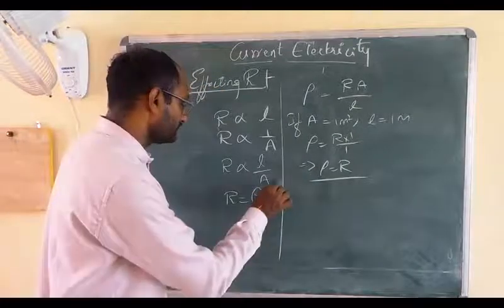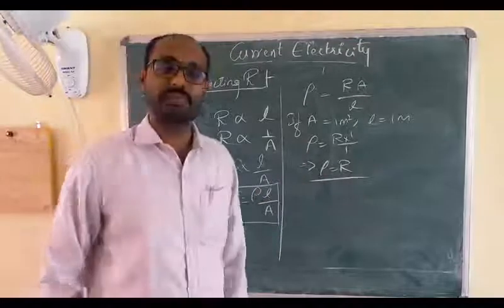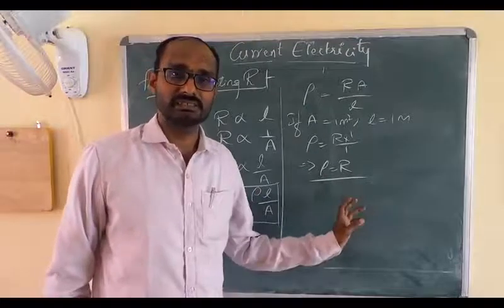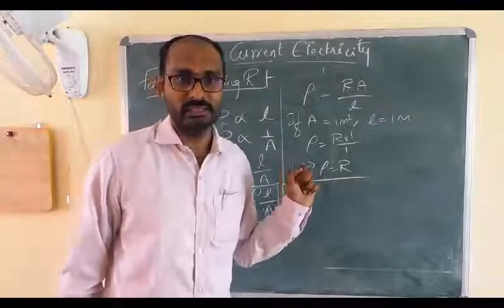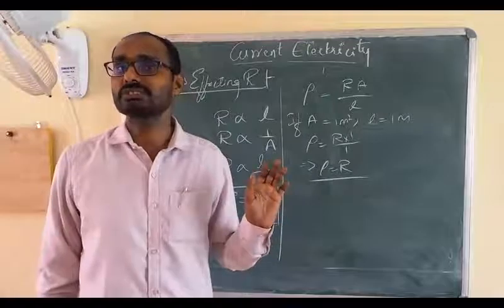Okay, so this is a very important formula and this gives you the definition of specific resistance or resistivity. Numerical questions based on this formula are amongst the most asked.